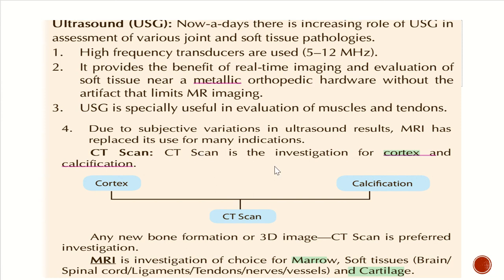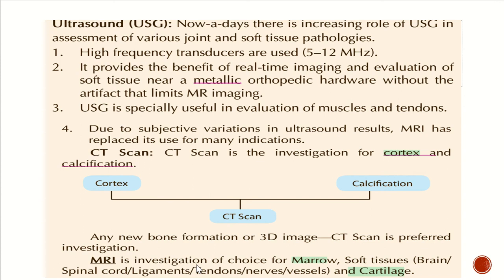CT scan can be used for investigation of cortex and calcification. C and C for CT scan, C for cortex, C for calcification. So any new bone formation or 3D image, CT scan is preferred.